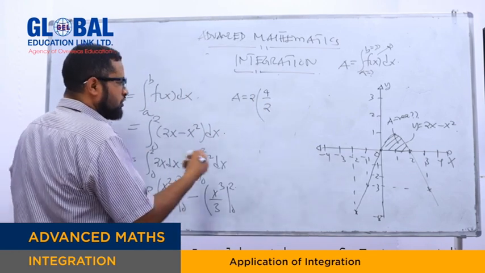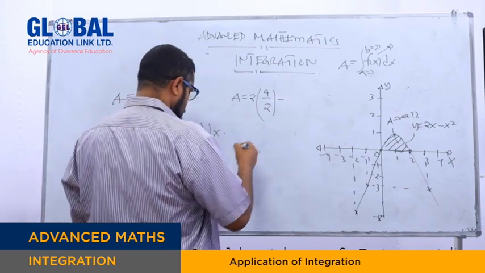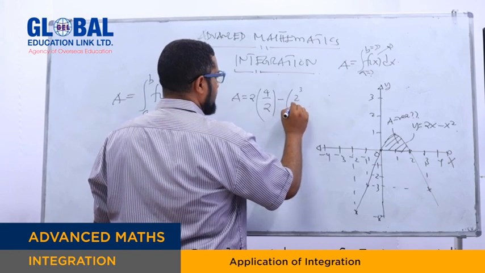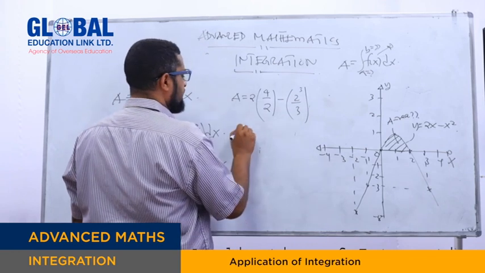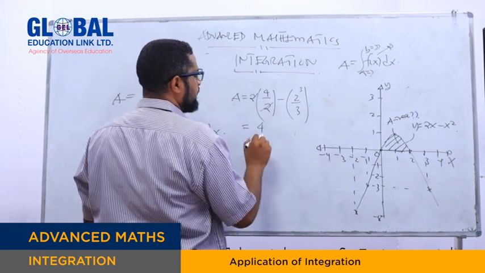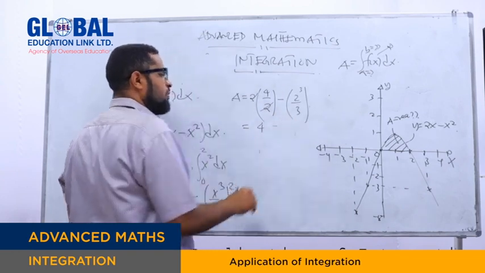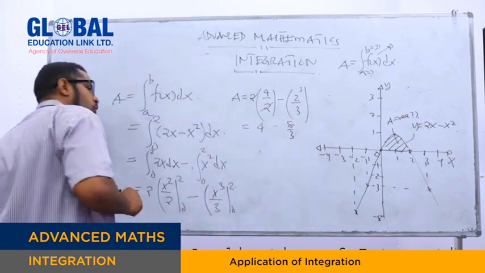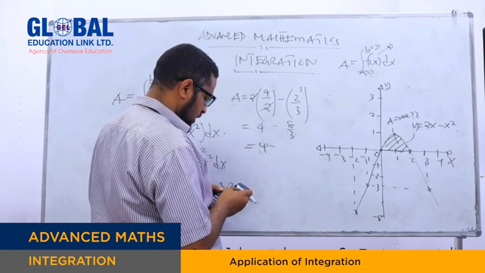Then 0 over 2 is just 0, so leave it as it is. Then we minus 2 to the power of 3 over 3. That 0 becomes 0 as it is. So here, 2 and 2 cancel, so we remain with 4 minus 2 power 3 is 8 divided by 3. So if you divide 8 by 3, what are you going to get? So it is 4 minus. Use your calculator again.